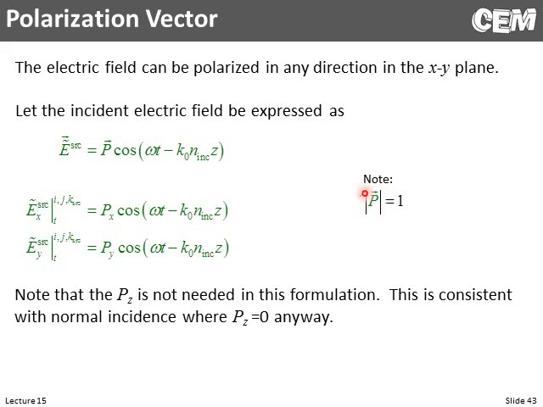And we're going to make that so that the amplitude's 1. It's not necessary, but it makes our calculation of transmission and reflection easier. So remember, the two source terms that we needed were E sub x and E sub y. So in fact, here's our expressions then for E sub x and E sub y.